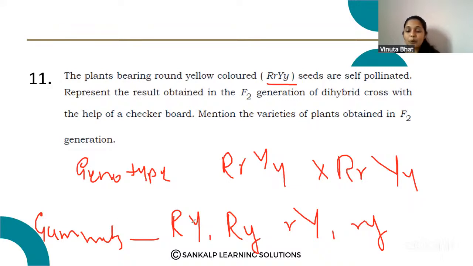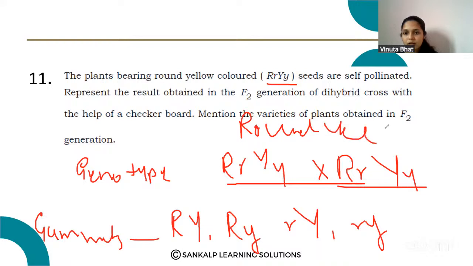When these gametes fuse with another gamete, a new plant will be produced. So we can find the new varieties of plants produced in the F2 generation by using the checkerboard. This is the genotype of the plants: round, yellow color seed producing plants.